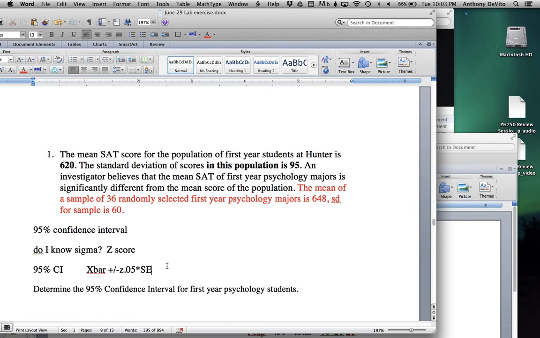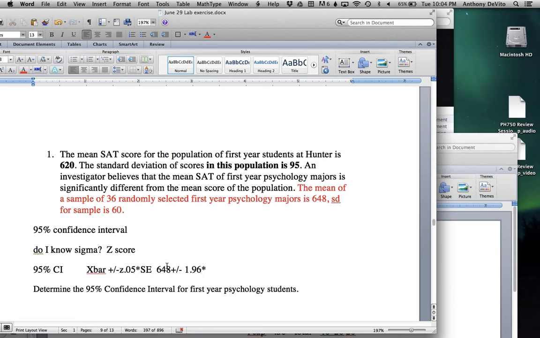Karen got it, that's correct, it's 1.96. So X bar is going to be our sample mean. Our sample mean is 648, plus or minus 1.96.